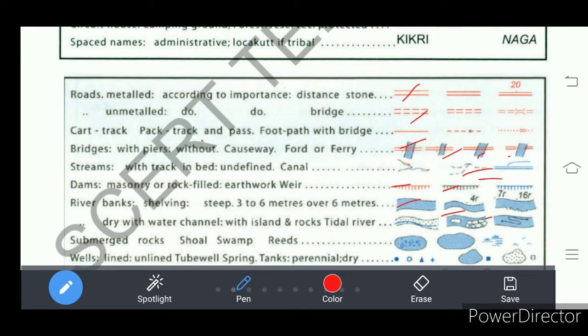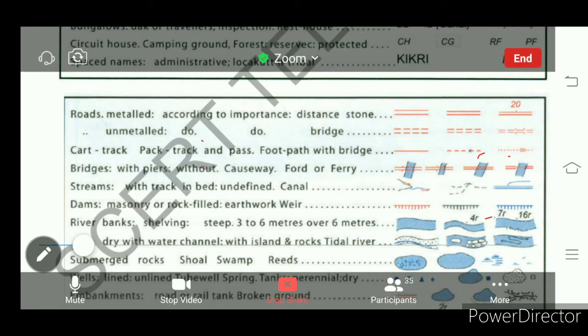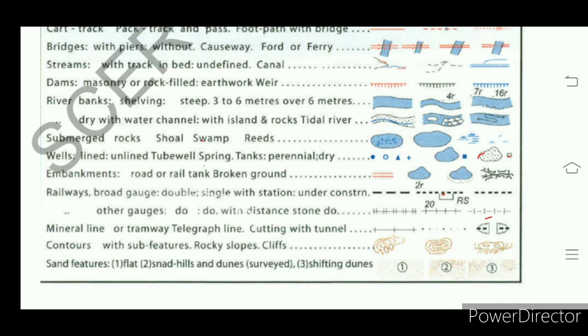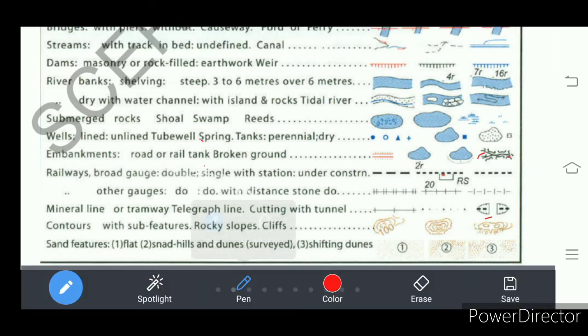Then railway tracks are also given in this map: broad gauge, meter gauge. Look here, these are railway tracks. This is meter gauge, narrow gauge, and so on. Different symbols are used.